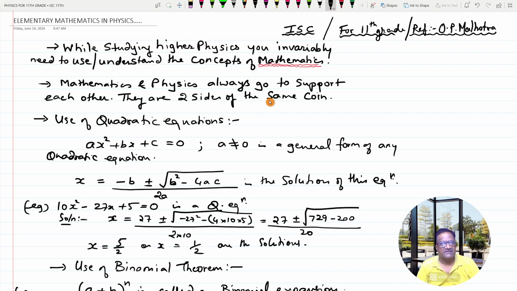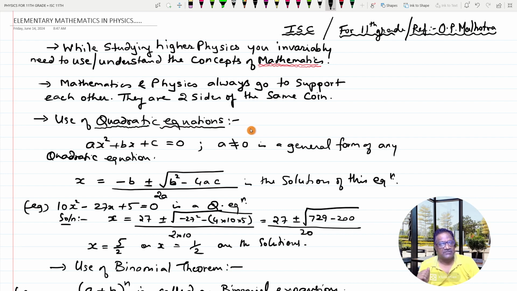The very first concept of mathematics that I'm going to discuss with you is the quadratic equation, the use of quadratic equations. In mathematics, you come across many sorts of equations, linear equations, quadratic equations.